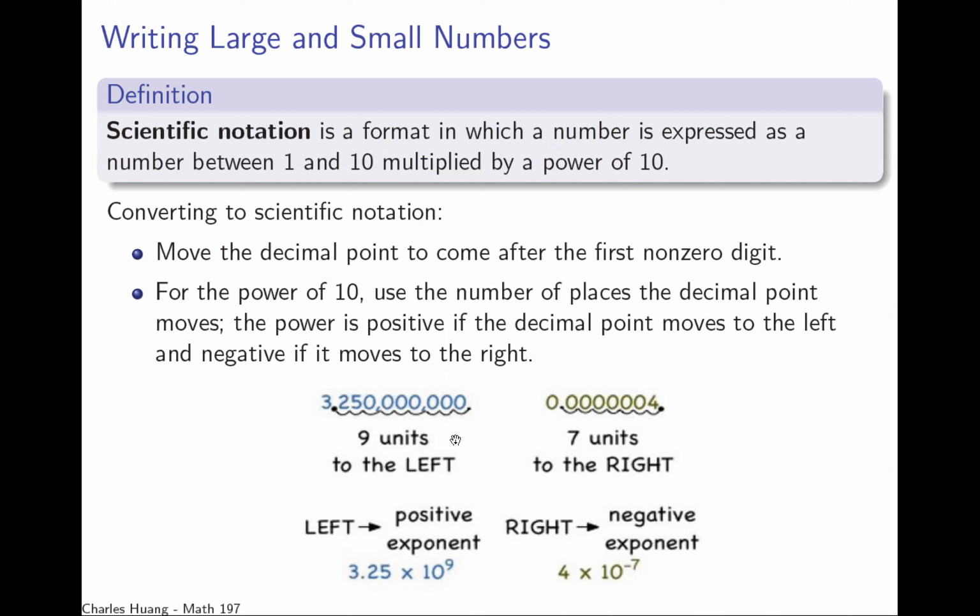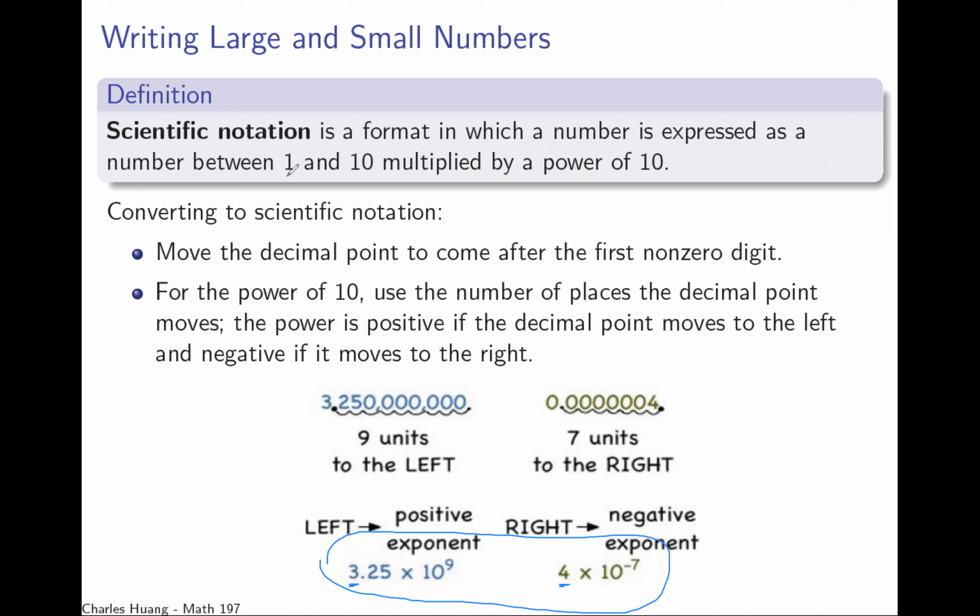When we convert a number into scientific notation, first, some key things about scientific notation. The numbers that you see down here are examples of scientific notation. You'll notice there is only one digit before the decimal place. In this case, it's either 3 or 4.